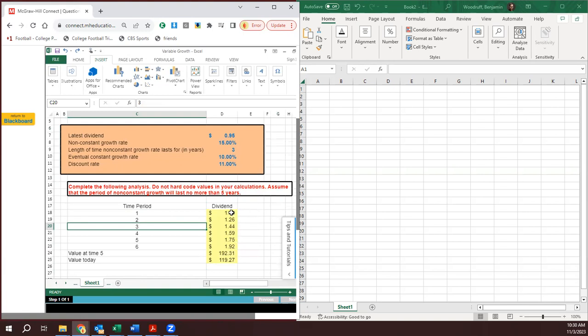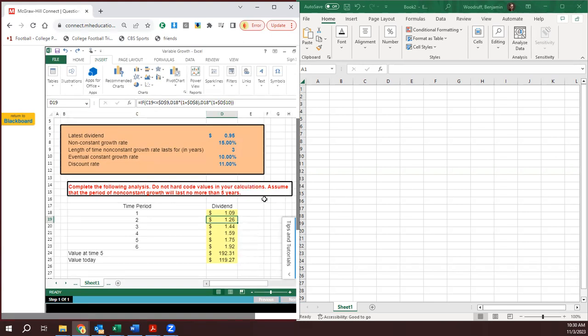Okay, so to calculate our dividend, we start with our initial dividend and multiply it times 1 plus the growth rate. And the growth rate we're going to use is that non-constant for the first 3 years. For the other years of growth, what we're going to do is use an if-then statement. So you'll put in equals IF, open parenthesis, and then we start entering the data.